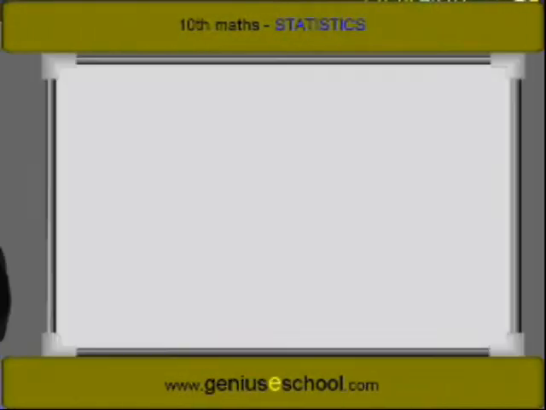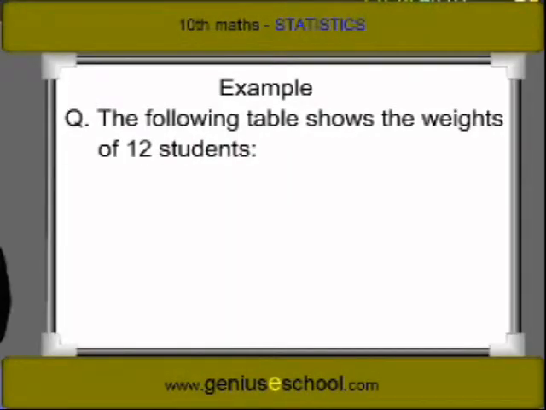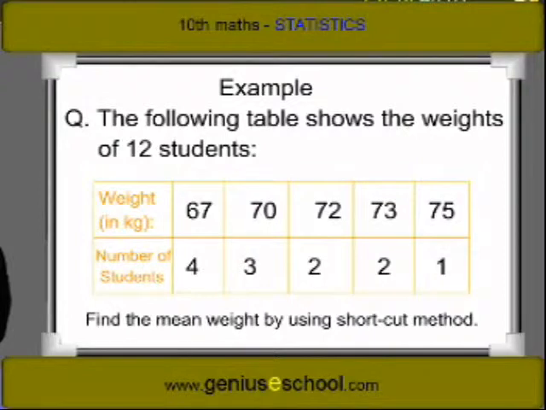Shortcut method. Let us take an example. The following table shows the weights of 12 students. Weight in kg are 67, 70, 72, 73 and 75. Number of students are 4, 3, 2, 2, 1.